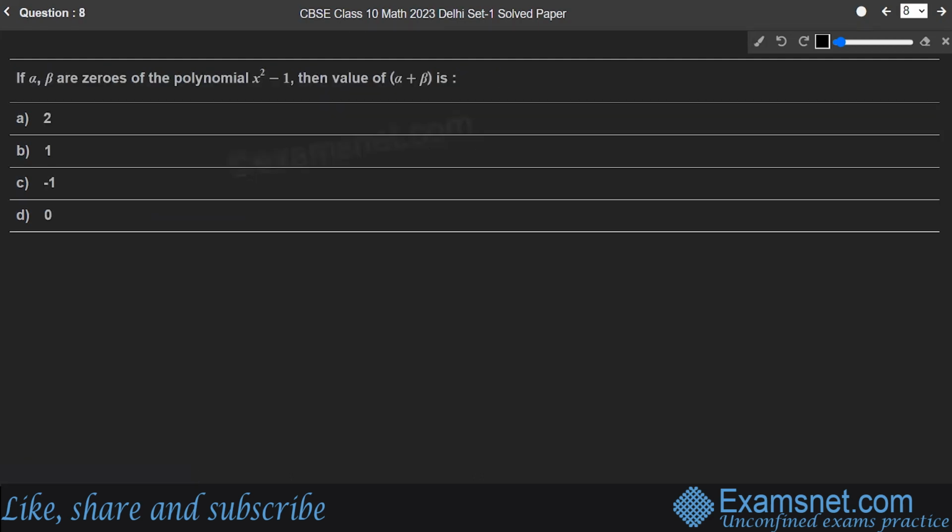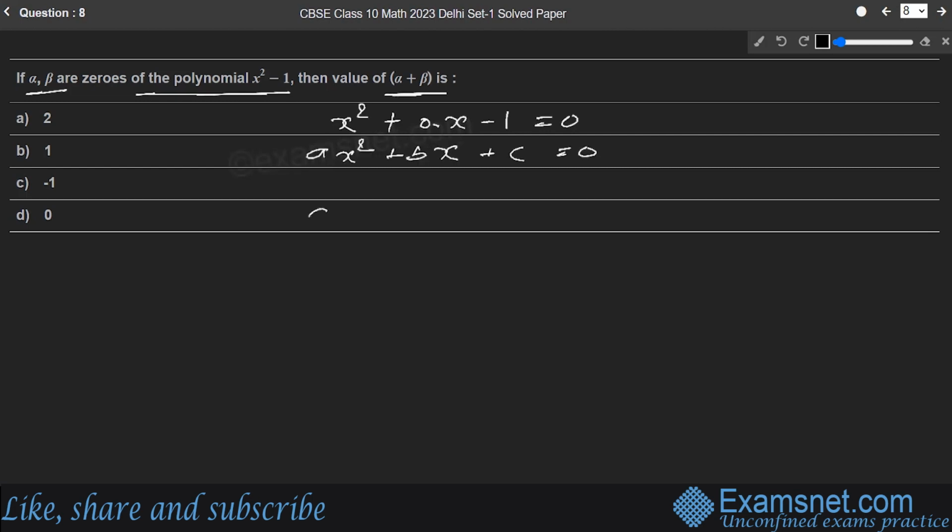Next, if alpha and beta are the zeros of the polynomial x square minus 1, then the value of alpha plus beta is required. So the polynomial is written as x square minus 1. We can write this polynomial as x square plus 0 into x minus 1 equal to 0, so that we can compare this with ax square plus bx plus c equal to 0.